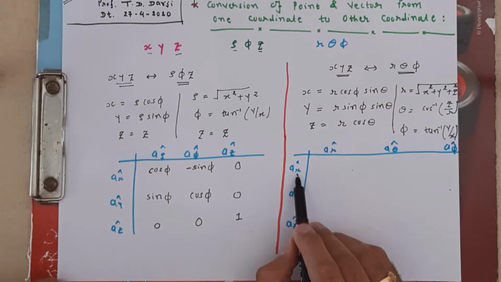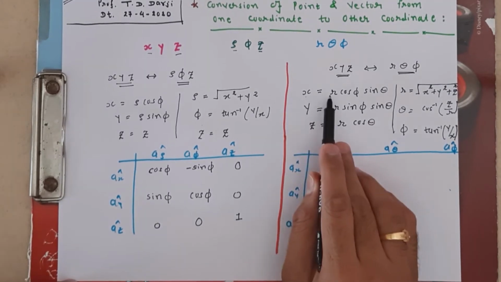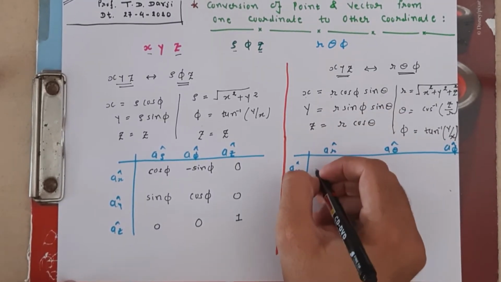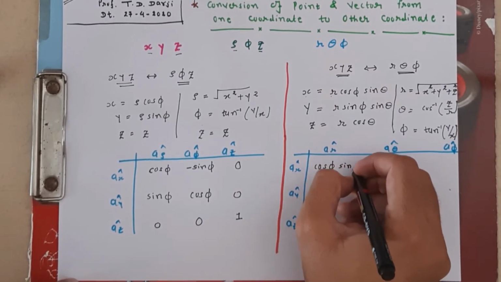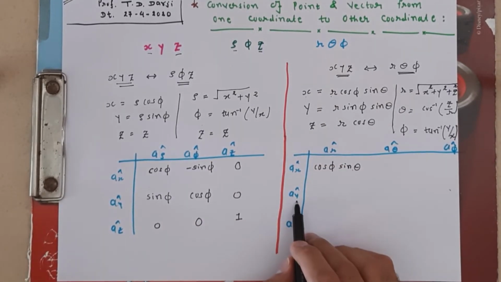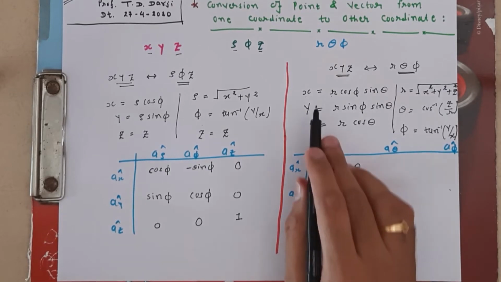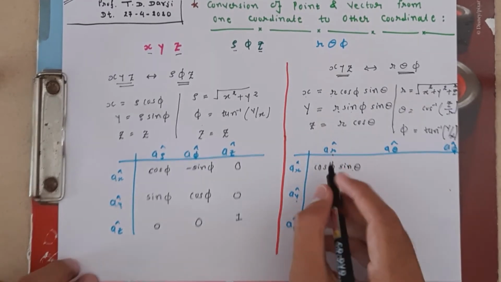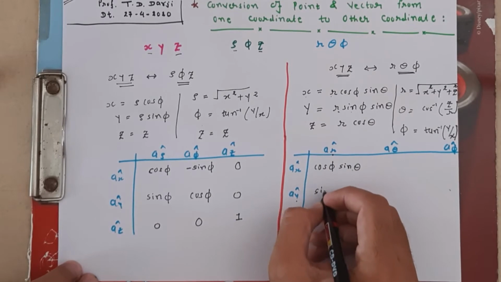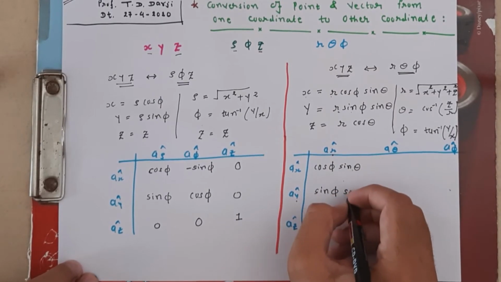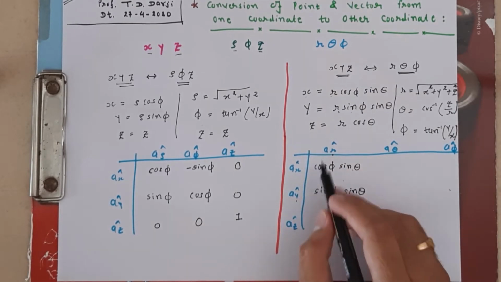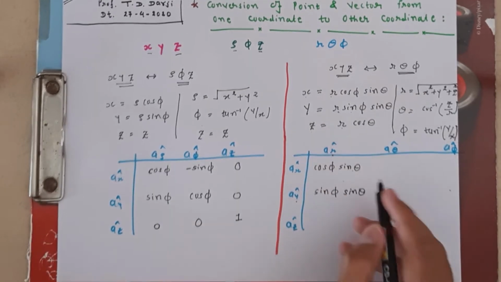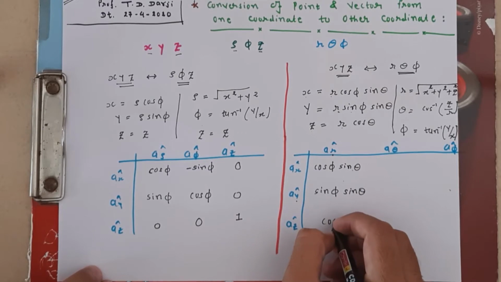First x and r, so it is cos phi sin theta. Then y and r, so it is sin phi sin theta. This one is very easy, you just have to remember these things. Then z and r, so it is cos theta.